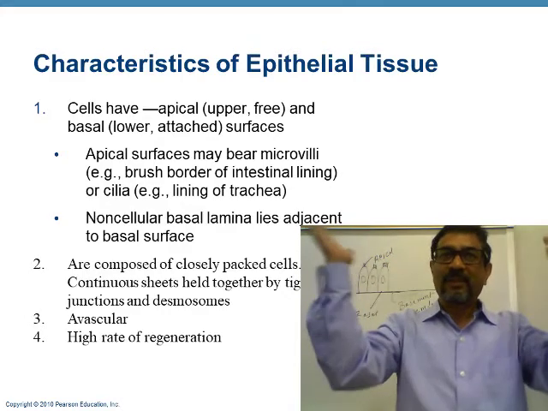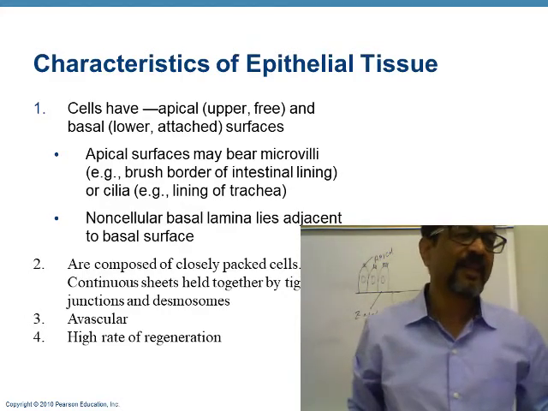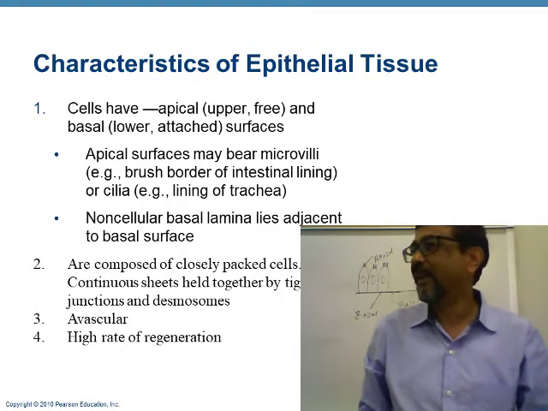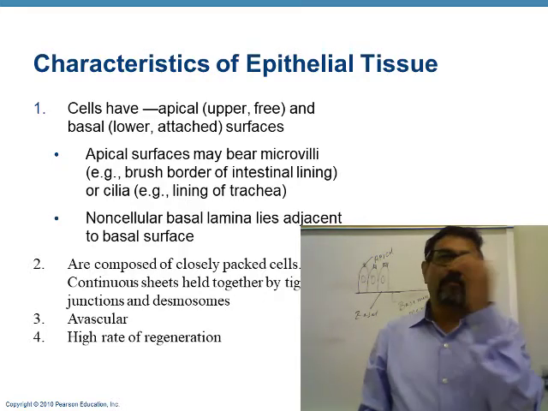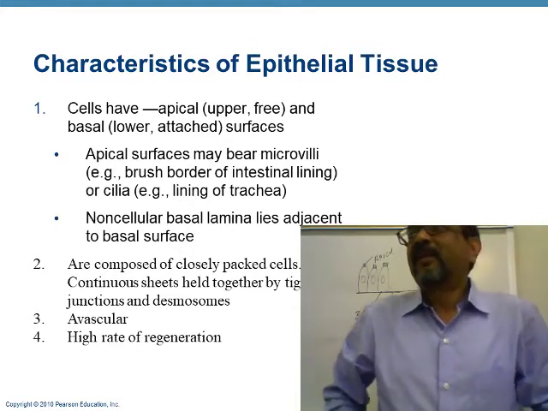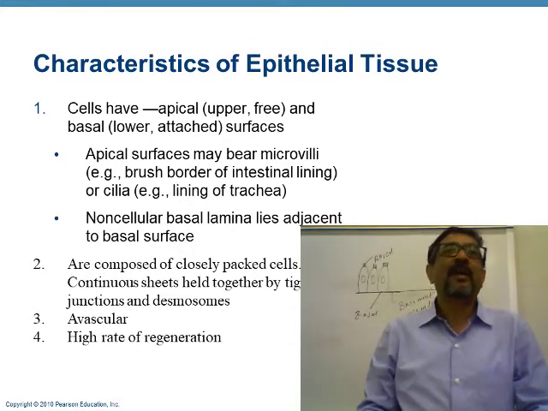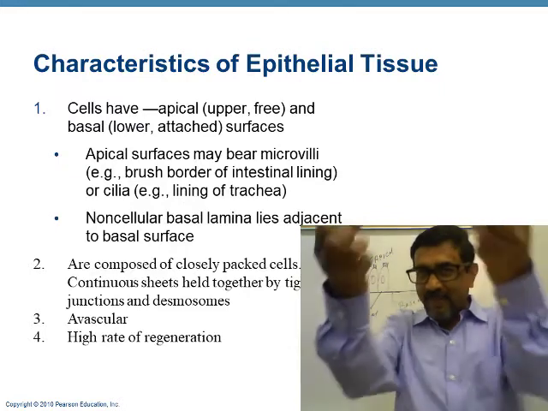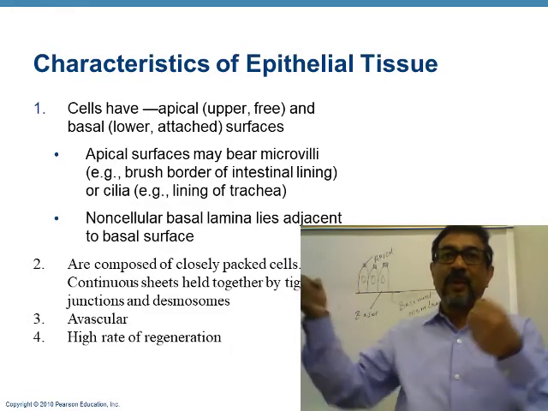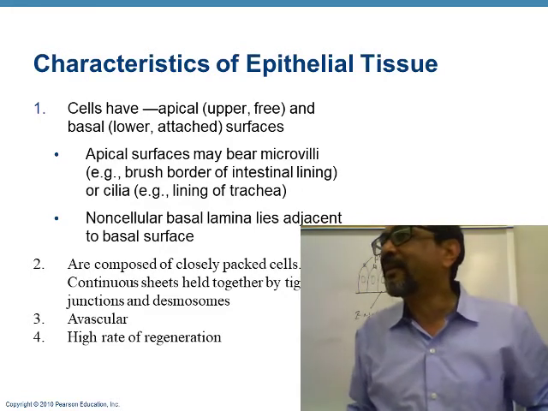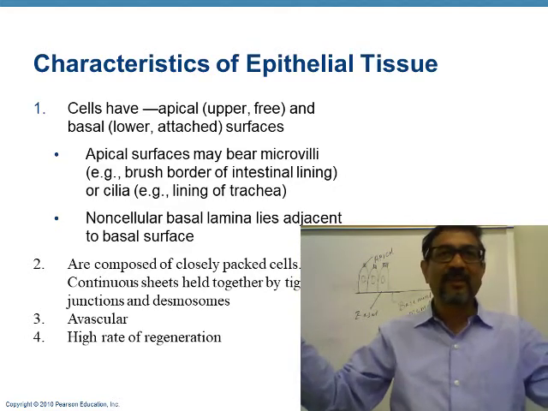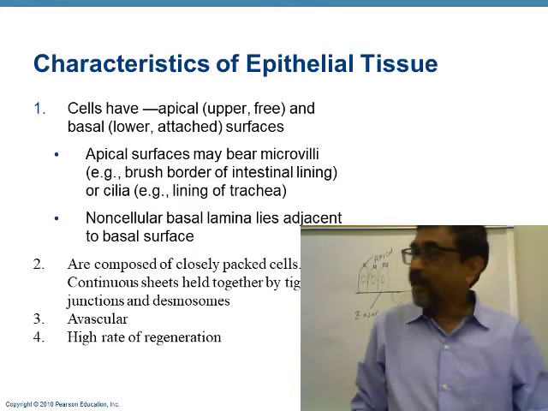So it should be cleared or cleaned. So two functions of microvilli or cilia: number one, cleaning; number two, increasing surface area. Inside the intestine, you know, water and food, nutrients are absorbed, right? So you have microvilli inside the intestine to increase the surface area. More surface area, more absorption. Very simple, right? So those are the functions.